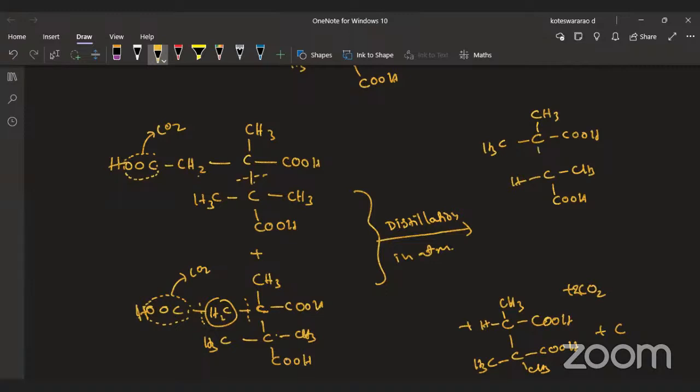One of the hydrogens is received by this carbon, and another hydrogen is received by the other carbon. Therefore, two equivalents of isobutyric acid, one equivalent of trimethyl succinic acid, two equivalents of carbon dioxide, and one equivalent of carbon are generated by consuming two equivalents of camphoronic acid in the atmospheric degradation or distillation.